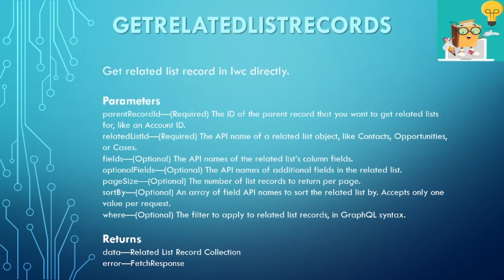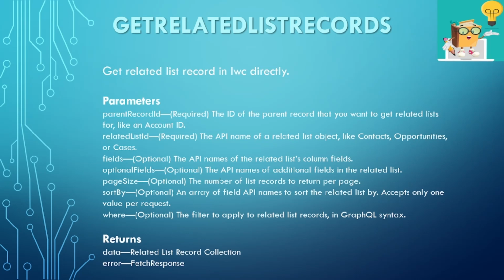Similarly, you have optional fields, which store the API names of additional fields in that related list, if you want to find them. Then you have sort by, which is what you use to sort the records, where you can sort the list you have retrieved.